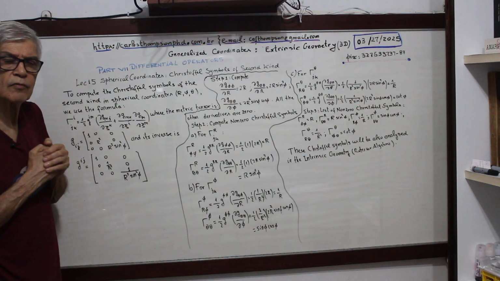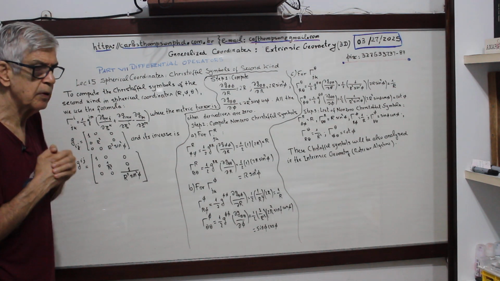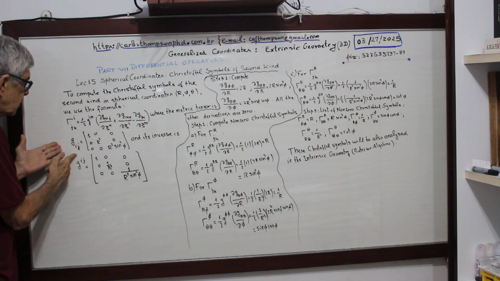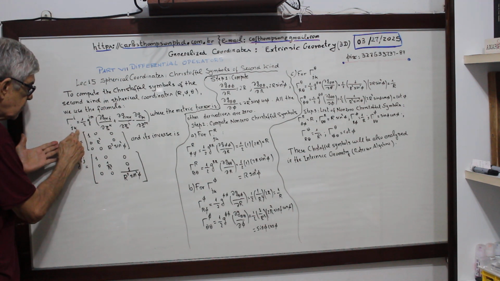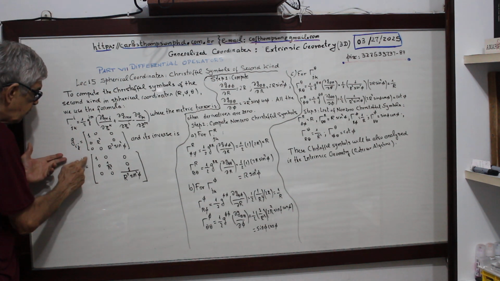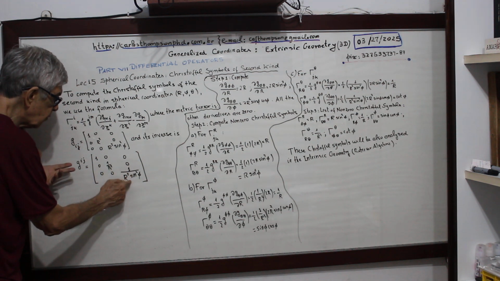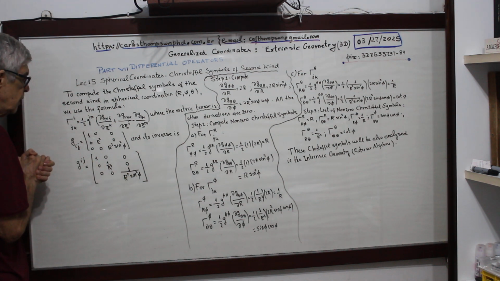characteristics of the spherical coordinates, in which the metric tensor is diagonal, okay? And the inverse is equal to 1 over r squared, 1 over r squared sine squared of phi.